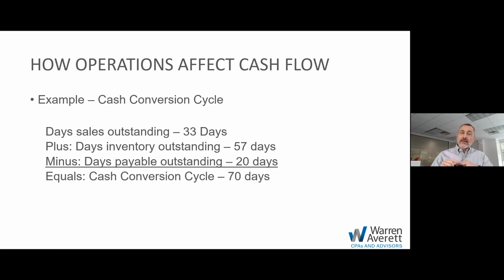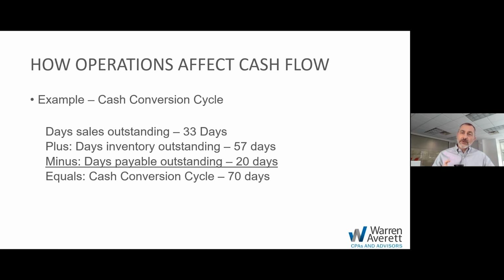So from the time that we have to pay for something until we can convert it back into sales that we collect, that is the function of these three things we have listed. It's the inventory purchasing activity of 57 days, plus the 33 days to collect on selling, minus the 20 days that it takes us to pay our vendor.